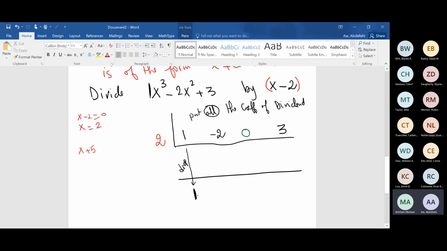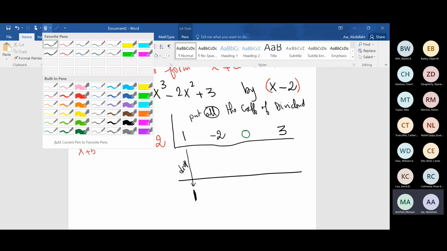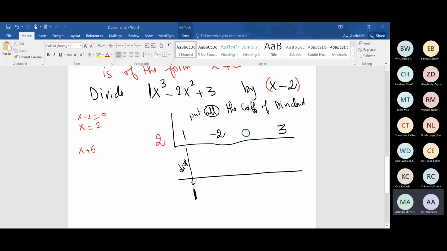We multiply 1 by 2. One times 2 is 2. What are you going to do with the 2? You put it below, just under the next coefficient, right here.